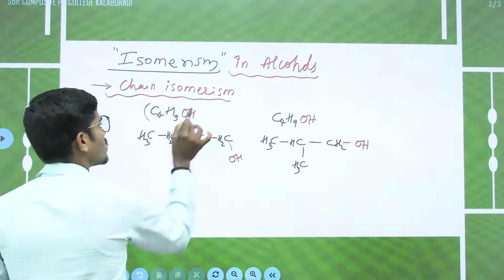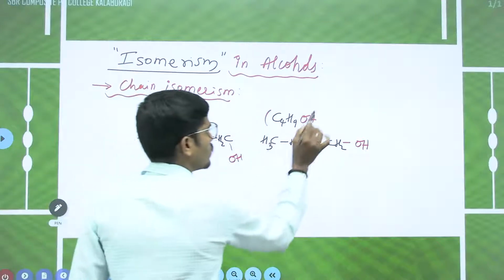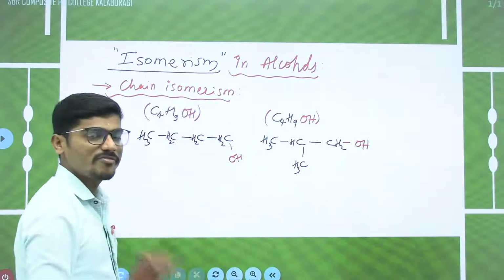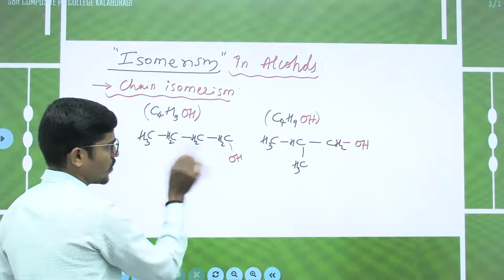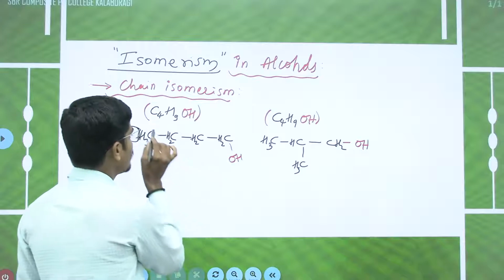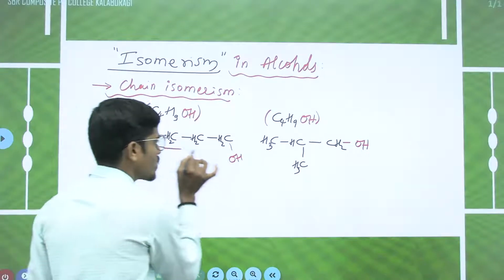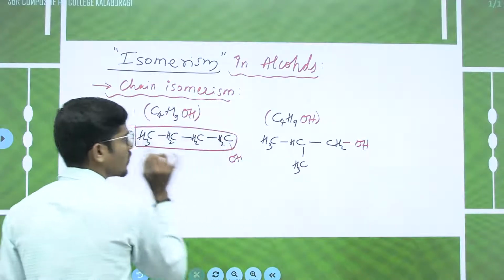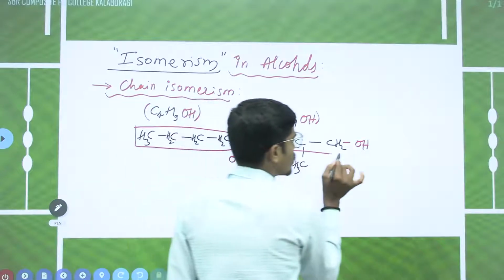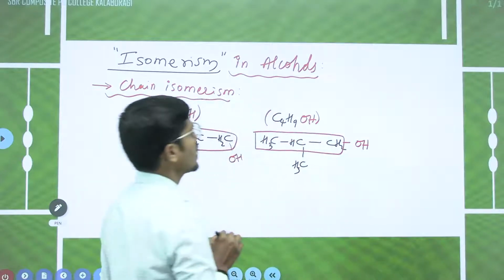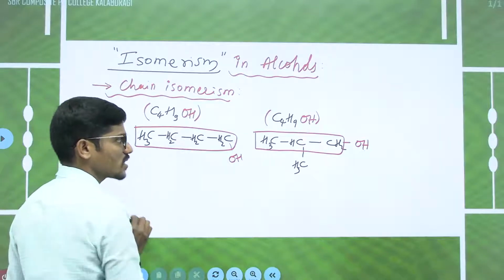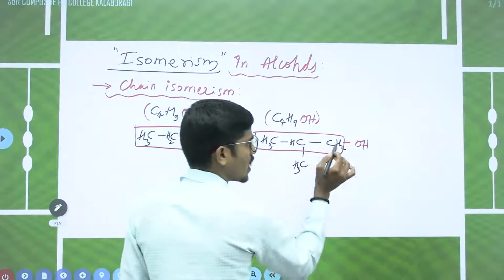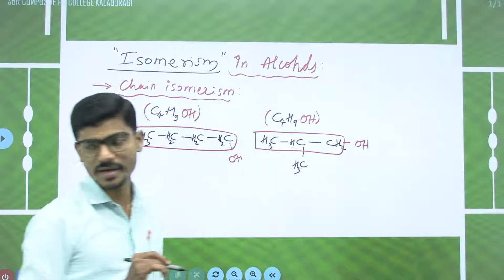These are compounds having the same molecular formula but differing in their structural formula. What type of difference is it? They differ in the number of carbon atoms in the parent chain. In the first case, 4 carbon atoms are present in this compound, whereas only 3 carbon atoms are present in the parent chain.